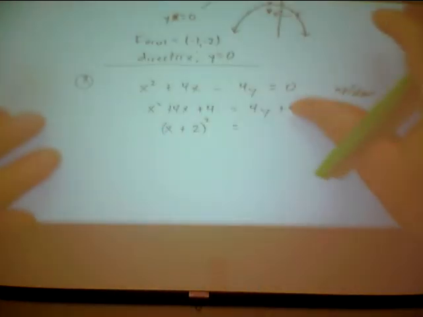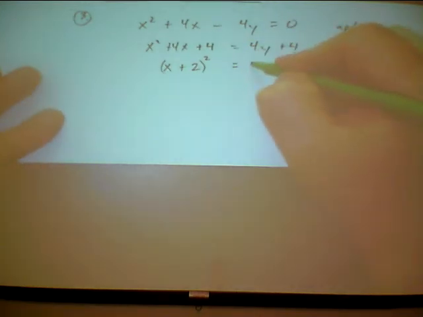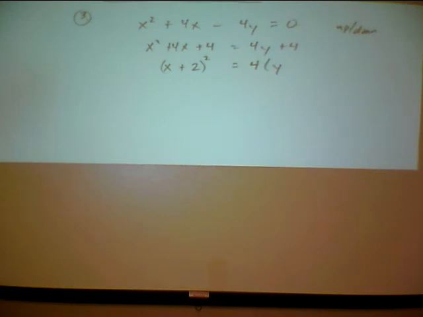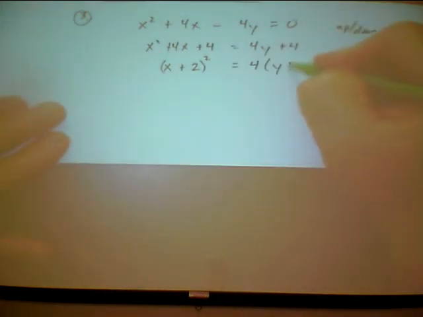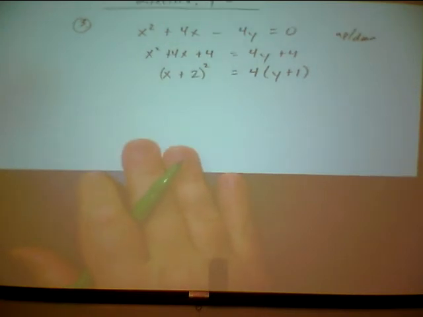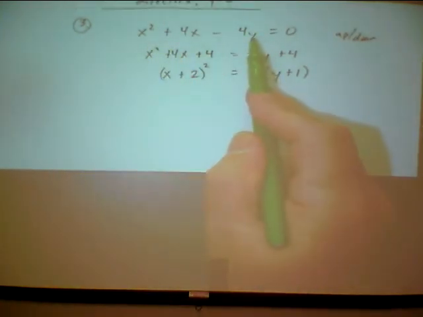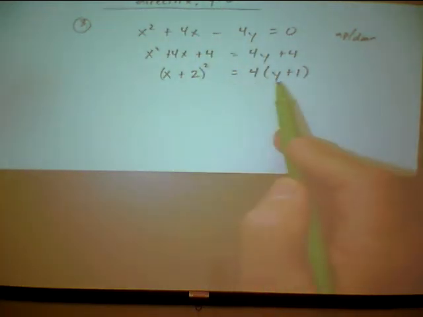So therefore, for this problem, since I've got a 4 in front of the y, I actually have to factor out a 4. So I just get y by itself, and in this case, it'll be y plus 1. So now I've taken my initial equation, and I've rewritten it, and now I have it in standard form.